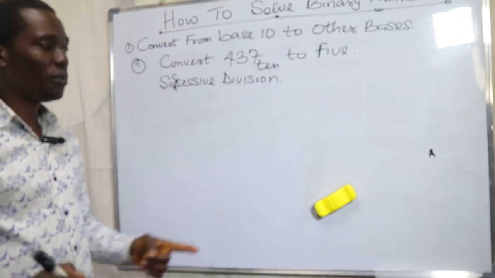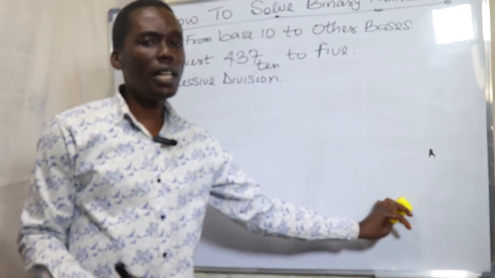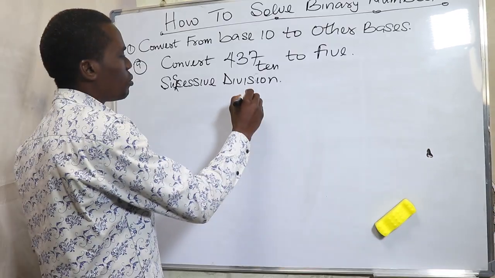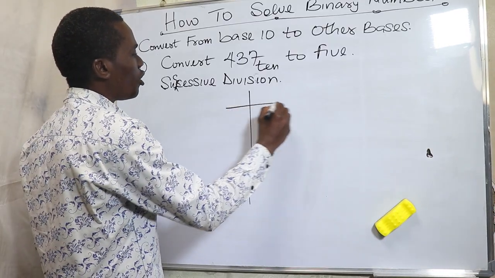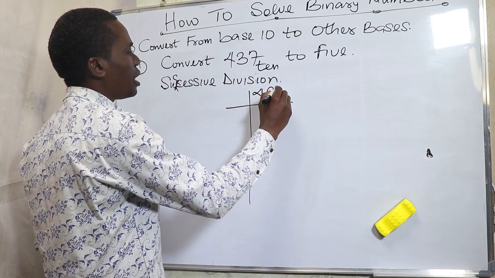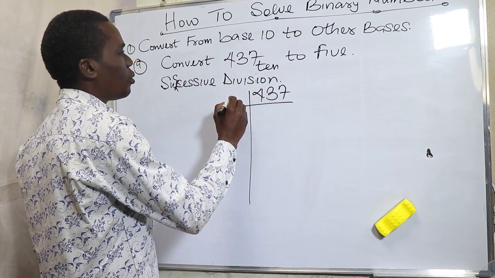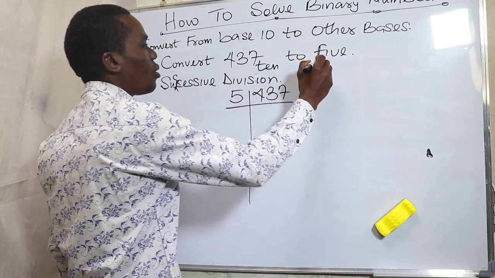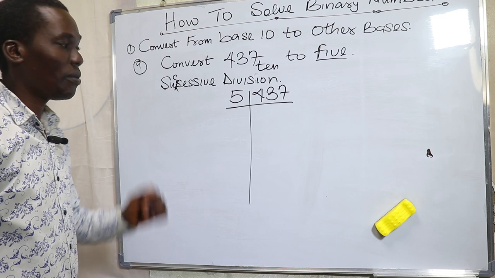Remember, I told you base 10 is the universally accepted base. So what we need to do is to continue to divide and save the remainder until we get our division to become 0. And we'll divide by the number we are converting to, which is 5.